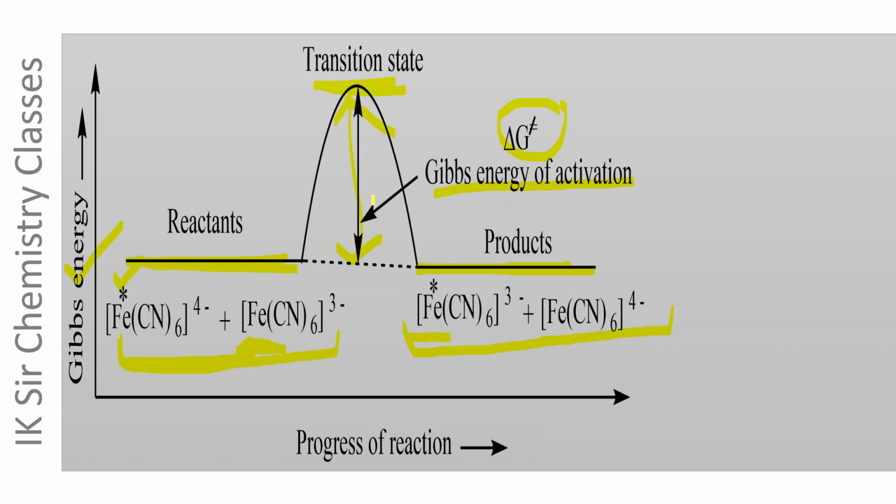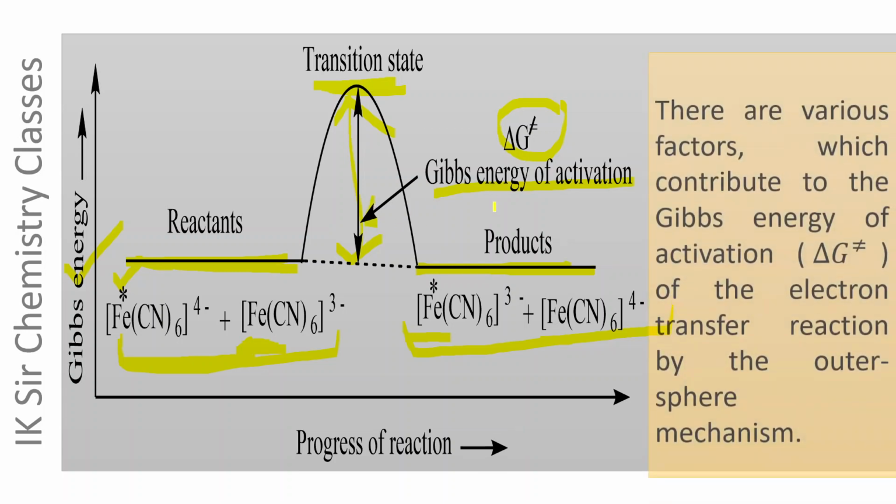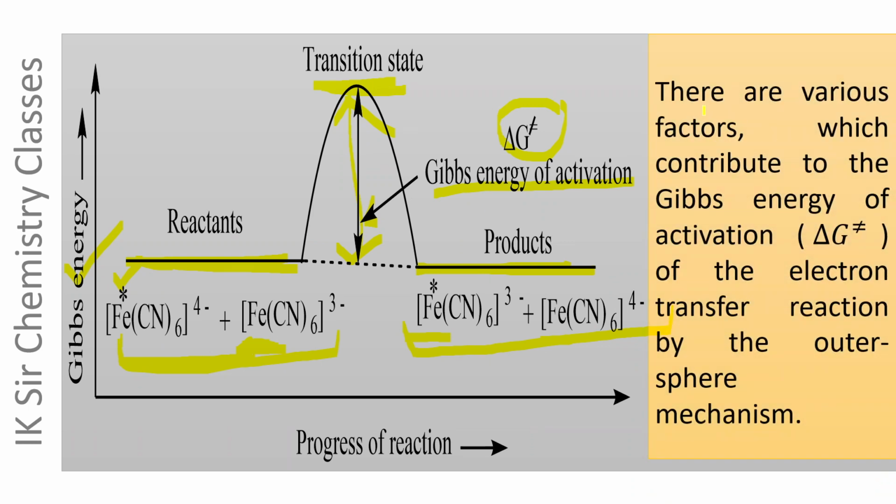And this significant Gibbs energy of activation depends upon various factors. There are various factors which contribute to the Gibbs energy of activation delta G‡ of electron transfer reaction by outer sphere mechanism. The reactants and products of an electron transfer reaction which follows outer sphere mechanism have the same energy, and hence the Gibbs energy change for the reaction is zero.